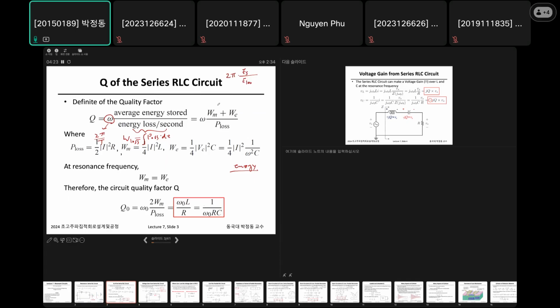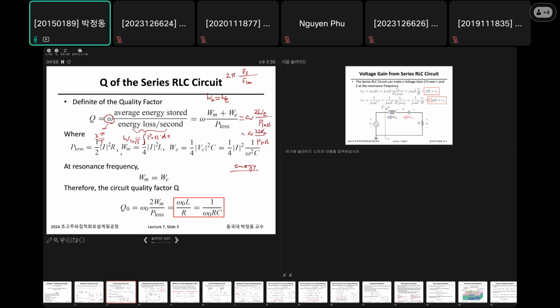As I mentioned before, at the resonance frequency, Wm, the energy stored in the magnetic field, equals the energy stored in the electric field. So at resonance frequency, you may express it like this, or like this; either of them is fine.